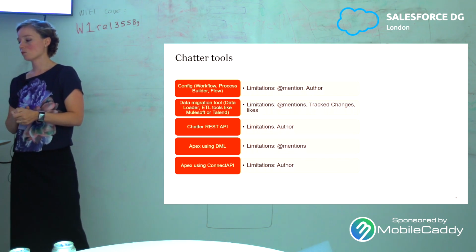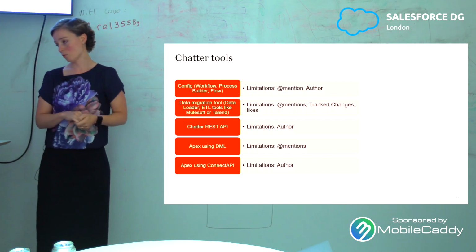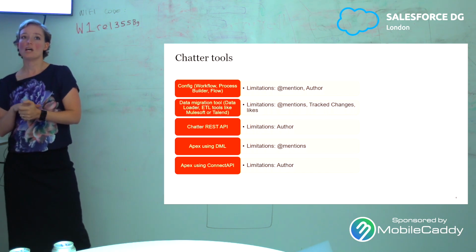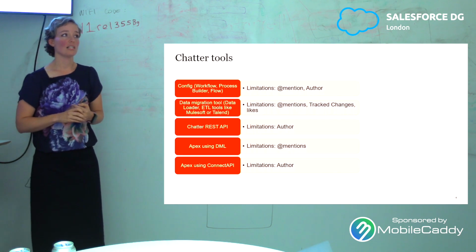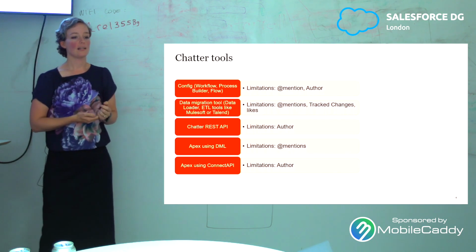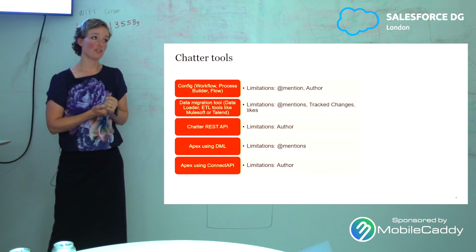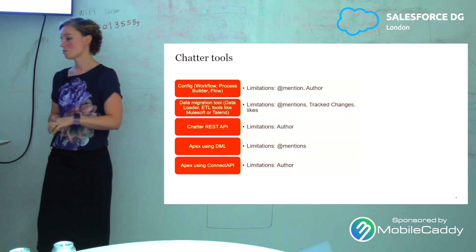And also there are quite a few limitations on the types of posts that are supported. So track changes cannot be migrated as is. Also things like polls are not really easy to migrate. And as I said before, likes can only be retrieved and created from the feed item likes, not the comments.